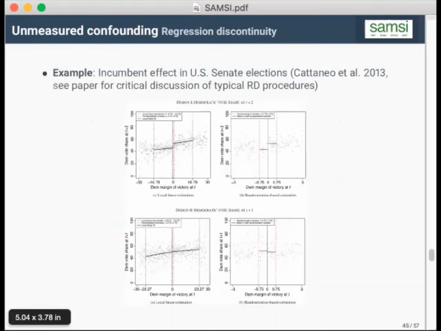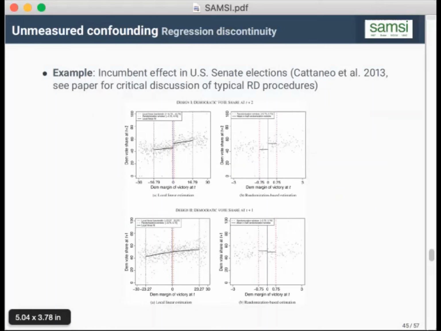So here's an example of a regression discontinuity analysis that looks at whether there's an incumbent effect on being elected to the US Senate when running for a second or third or subsequent term.